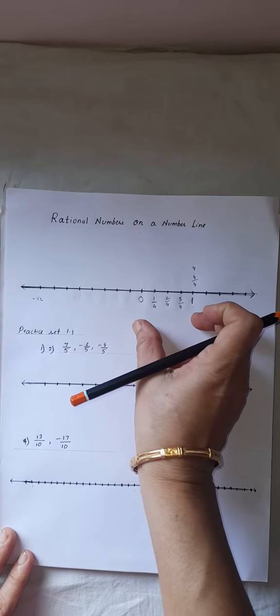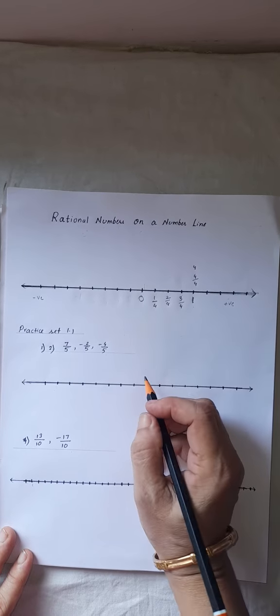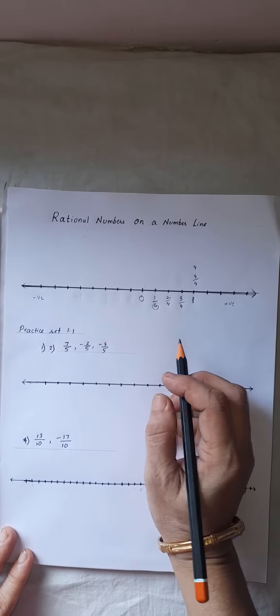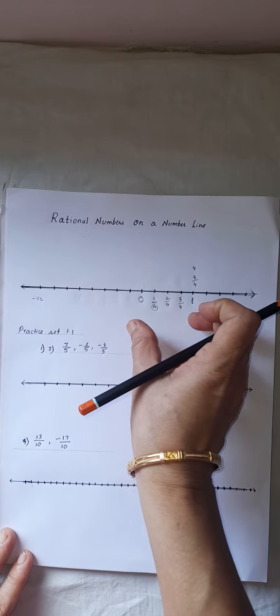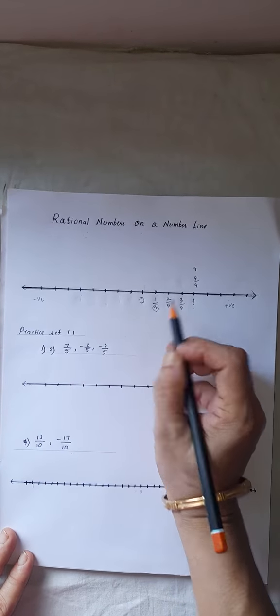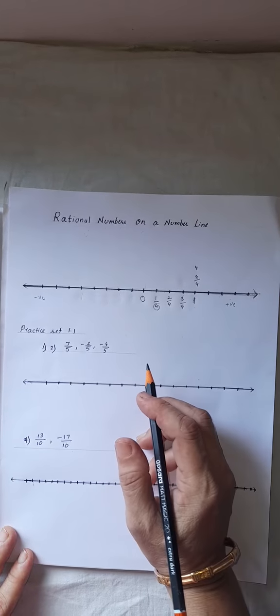So this is how we divide a number line into the rational numbers. The denominator here tells you how many parts you need to divide 1 unit into. Now when it is 4, that means you are dividing from 0 to 1 into 4 parts.